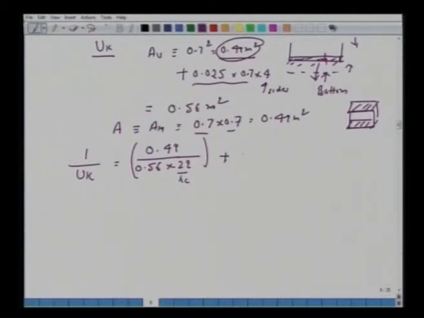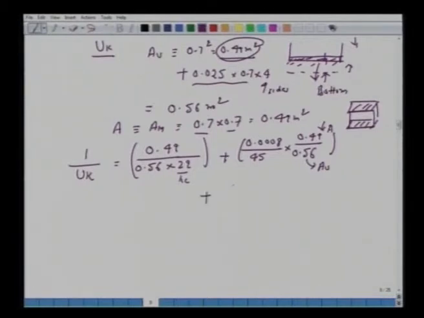All right, so for the metal, thickness is 0.8 millimeter. So you have 0.008 divided by thermal conductivity, which was very high, 45 watt per meter Kelvin, into the two areas, 0.49 divided by 0.56. So this is area of drying, and this is area of undrying here.